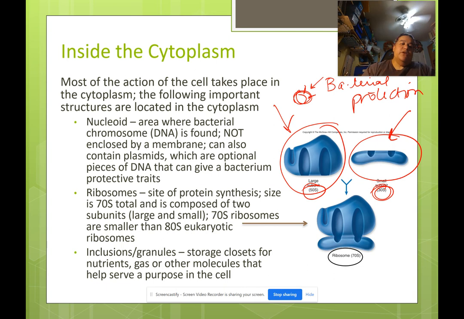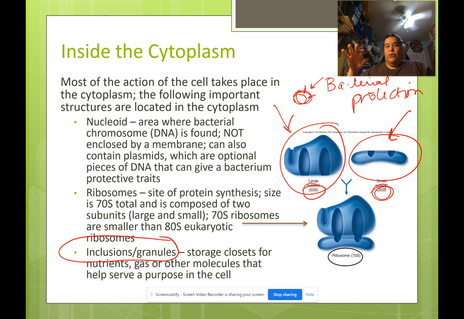All right. So the third structure we're going to talk about are the inclusion bodies or the granules. These are basically storage closets, okay? If they have extra nutrients, they can put them in this little bubble. If they've got extra gas, they can put it in this little bubble.